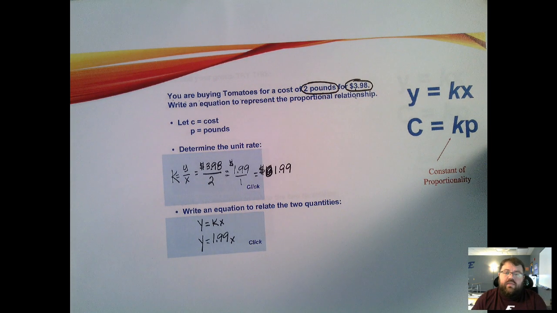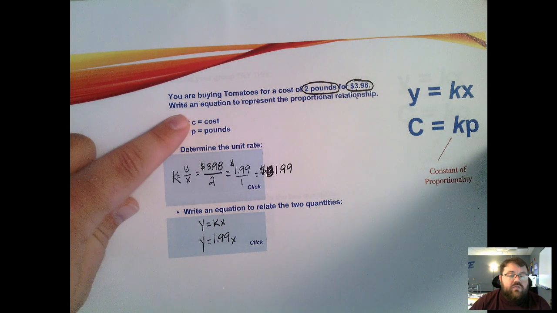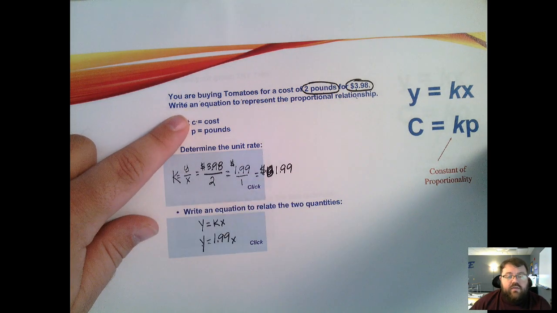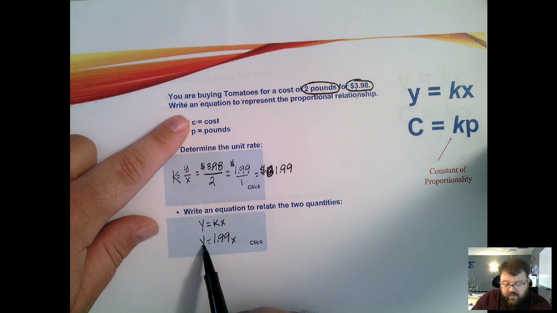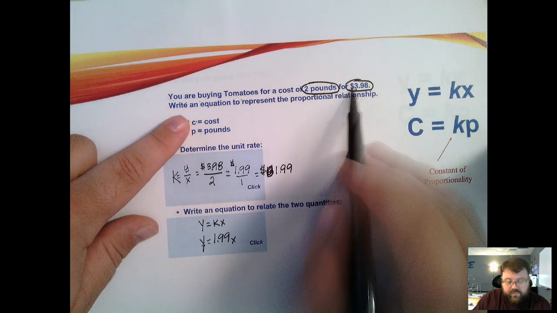Okay? Now, if this wasn't hard enough, many questions will give you different variables to use. So instead of Y and X, this question wanted you to use C and P. So remember, Y is your cost.